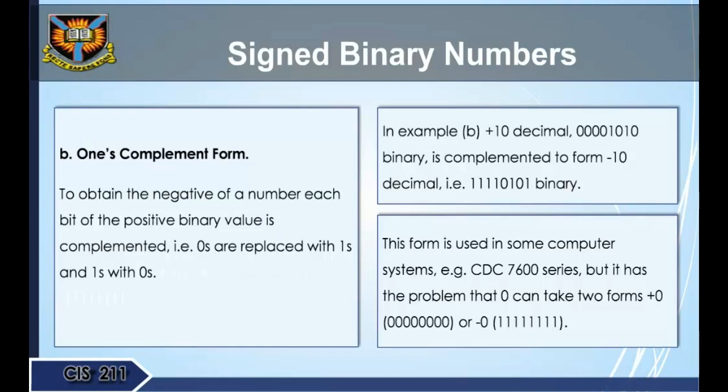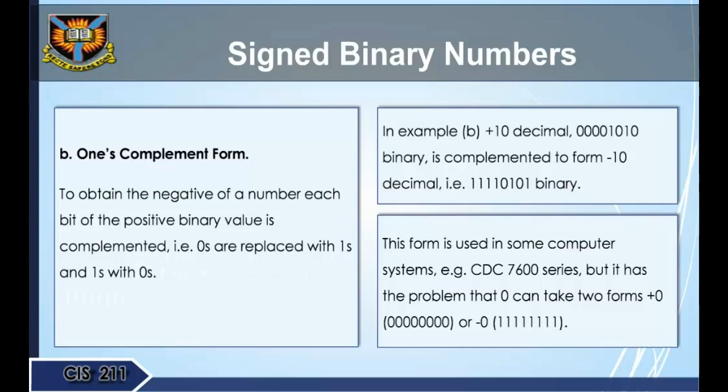B. One's complement form. To obtain the negative of a number, each bit of the positive binary value is complemented, that is, 0s are replaced with 1s and 1s with 0s. In example B, plus 10 decimal, 00001010 binary, is complemented to form minus 10 decimal, that is 11110101 binary.